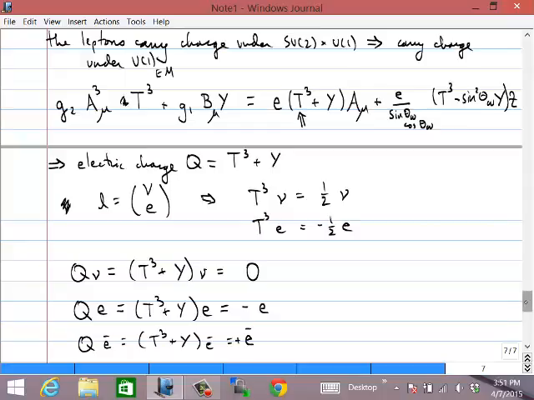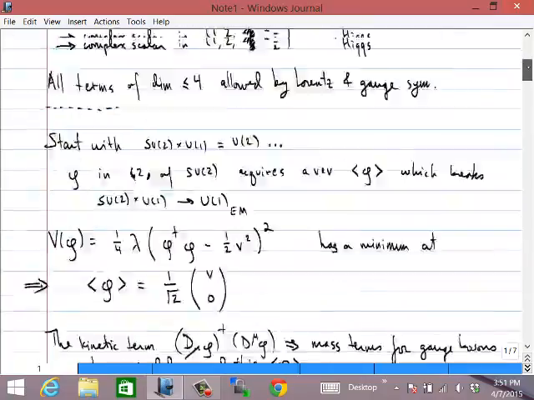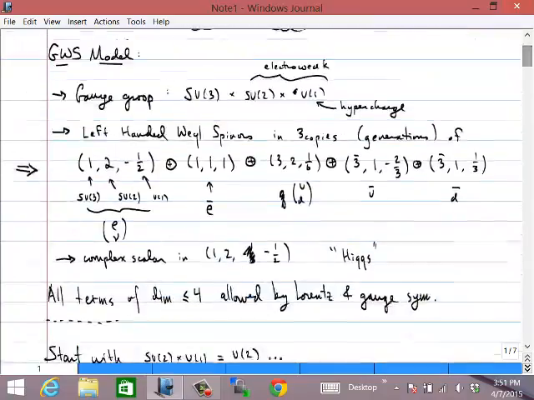So what we see is that, if we go back, just to sort of summarize, to all of these somewhat random-looking charge assignments of the particles in the Standard Model, a lot of that is just summarizing things that we already know.